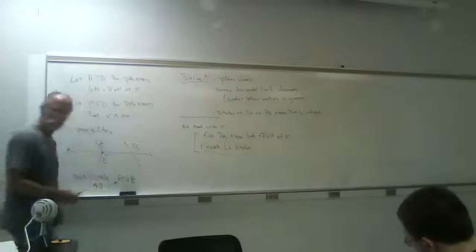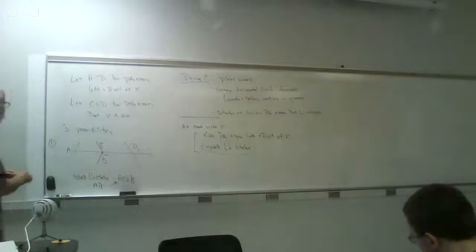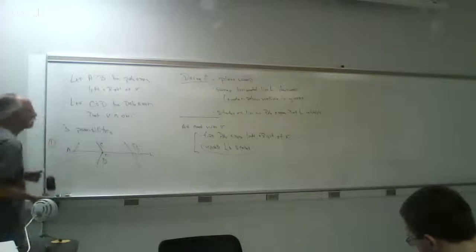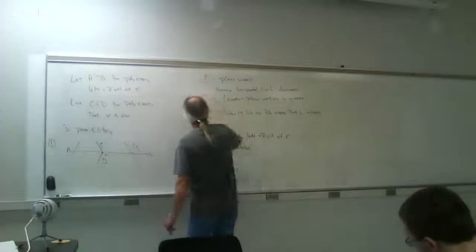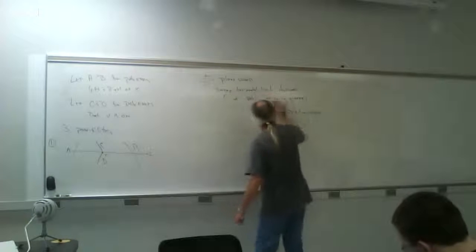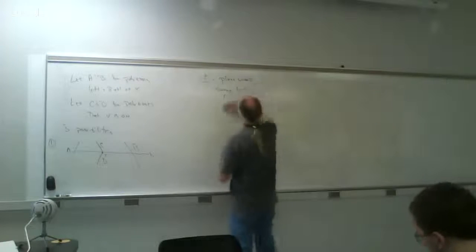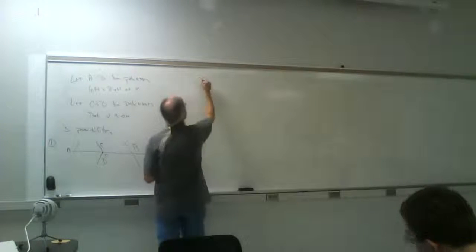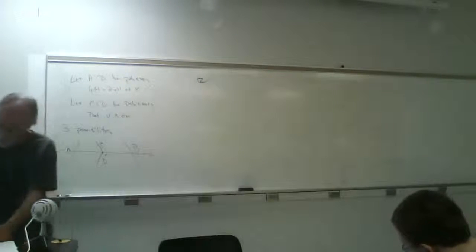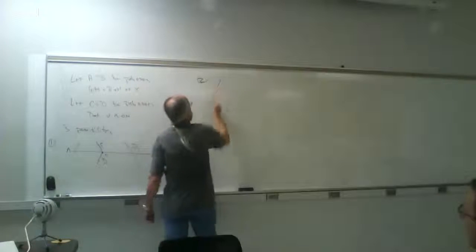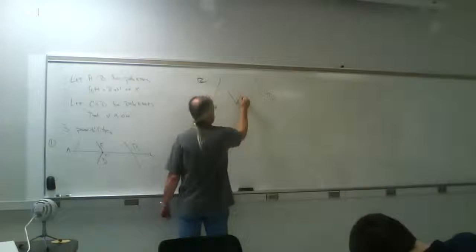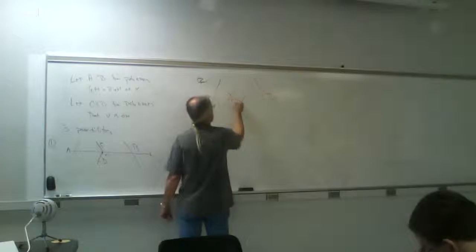Actually, instead of me saying anything about what we're doing, here's the picture for the first case. The pictures for the second and third cases look like when we don't have a normal vertex at V. So case two: there's A, there's B, and here's V, with C and D on the left and right.